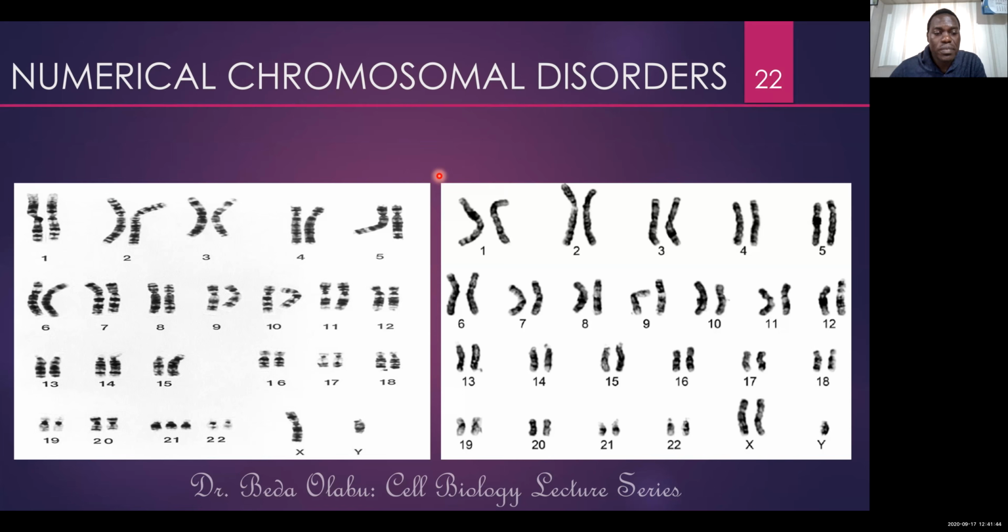The left one, you have one extra chromosome in the 21st pair. That means that this individual will have a total of how many chromosomes? Anyone? 47.